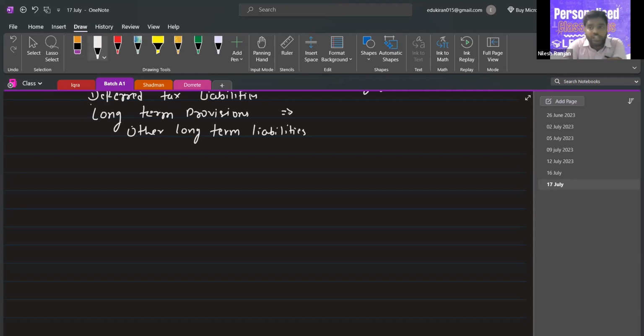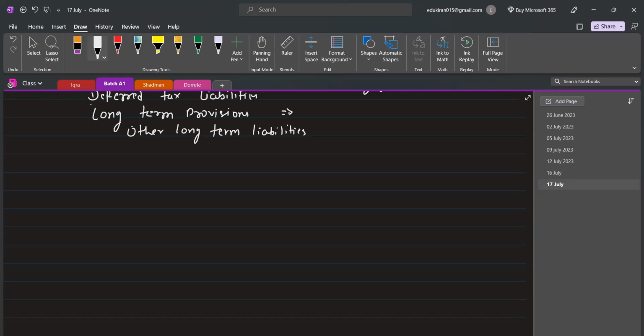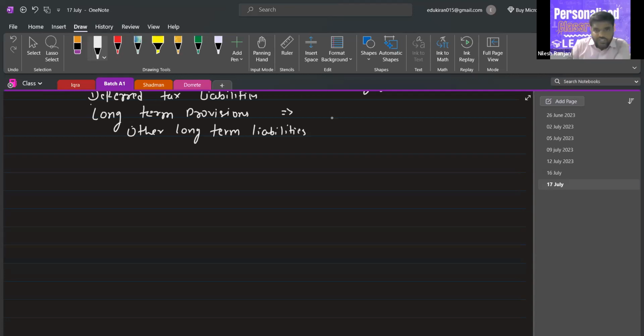That's why we don't include those provisions here. So provision for bad debts will not be included here. Okay, sir.